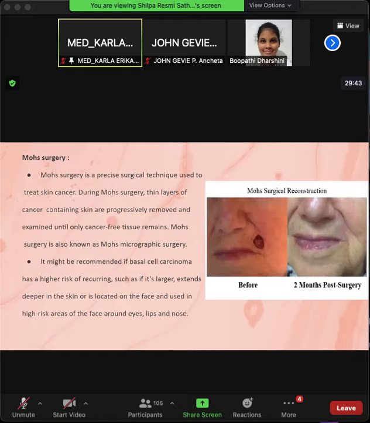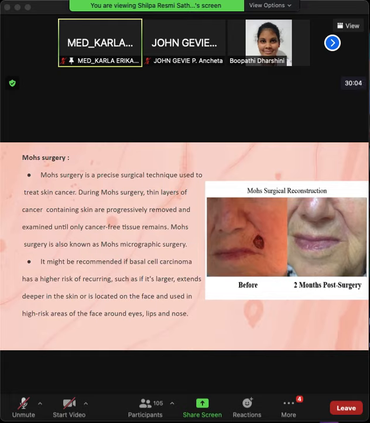Next slide, please. So next is Mohs surgery. Mohs surgery is a precise surgical technique used to treat skin cancer. During Mohs surgery, thin layers of cancer-containing skin are progressively removed and examined until only cancer-free tissue remains. Mohs surgery is also known as Mohs micrographic surgery.